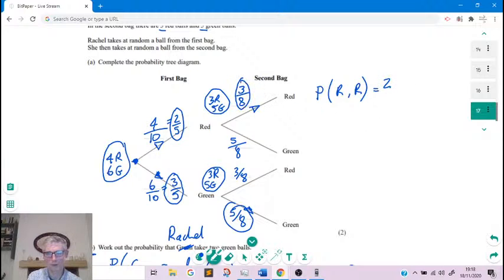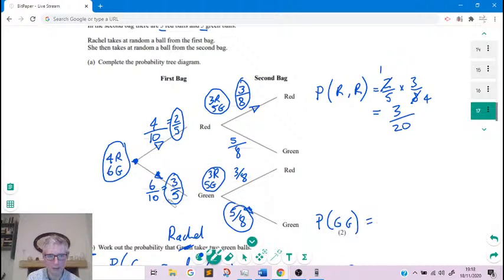The 2 and the 8 cancel to be 1 and 4, so that becomes 3/20.